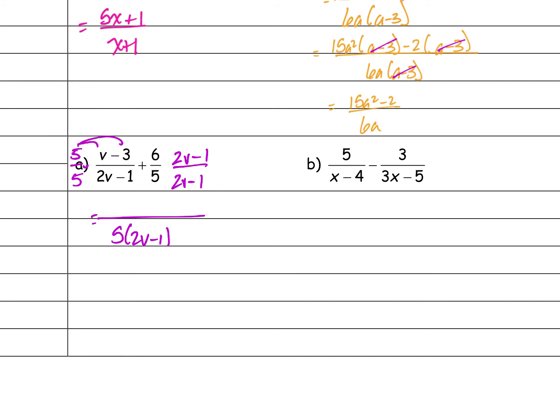So I'm going to distribute. I get 5v minus 15, and then I'm going to distribute, plus 12v minus 6. If I add my like terms together, I get 17v minus 21 all over 5 times 2v minus 1. Parenthesis. Okay?